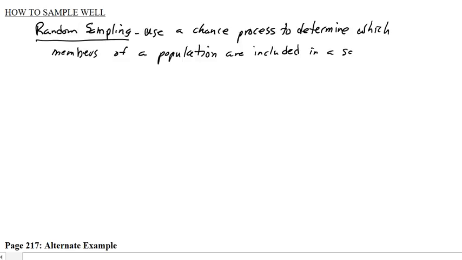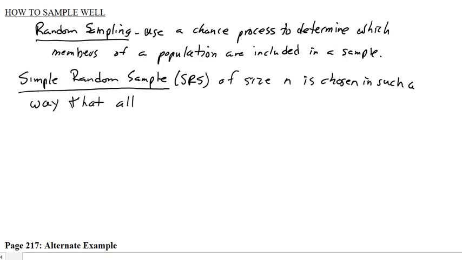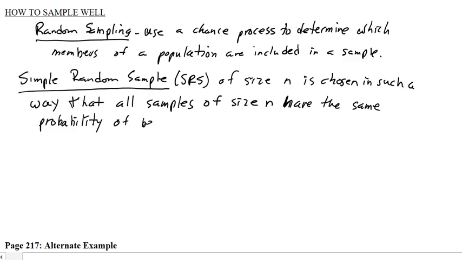Okay. We have something called a simple random sample, or SRS, which you'll see it referred to as SRS all the time, of size n, is chosen in such a way that all samples of size n have the same probability of being chosen.